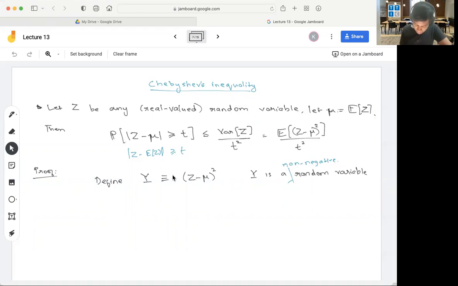I can apply Markov's inequality, but let me check what I want to apply it with. Let's start with what we want to understand. To try to get this to y, let's square both sides.